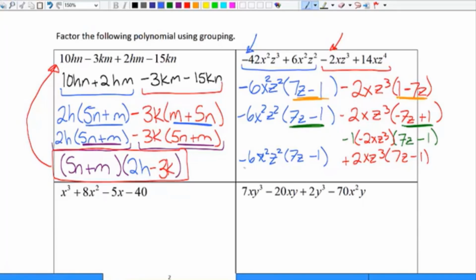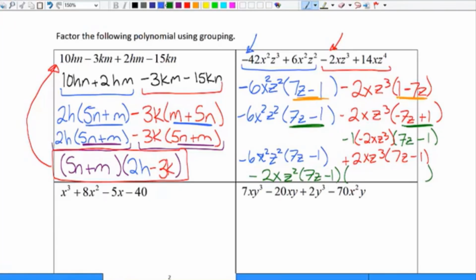And out of these two terms, it looks like I have a GCF of negative 2, because the first term is negative, so I'm going to factor out a negative. There is an x common, there are two z's common, and it also looks like these parentheses 7z minus 1 are common.